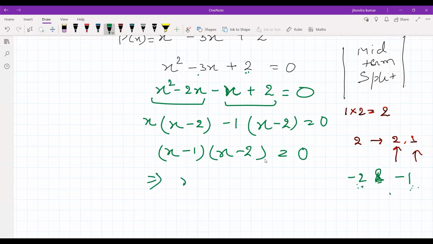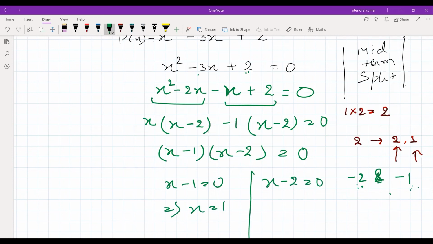So x has two values: x -1 is equal to 0 and x -2 is equal to 0. So x is equal to 1 and x is equal to 2. So we have two zeros here, 1 and 2.